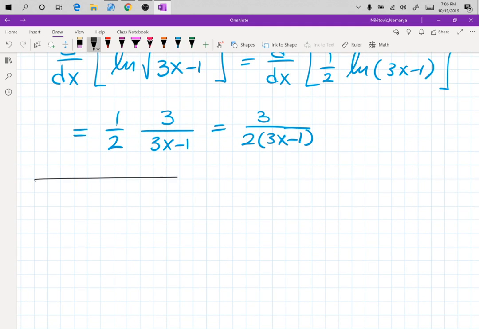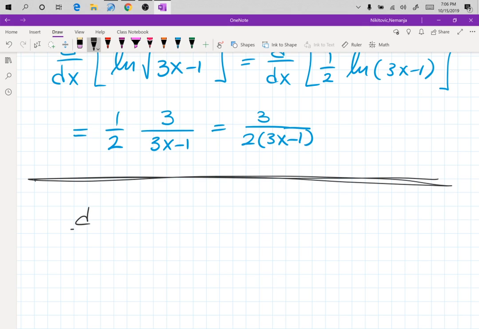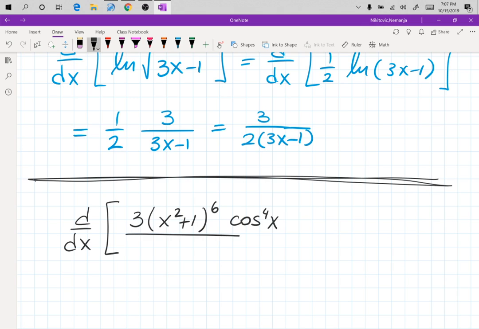Let's see what else we can work out. The derivative of (x squared plus 1) raised to the 6th power times cosine to the 4th of x, divided by the cube root of x squared plus 6x minus 2.